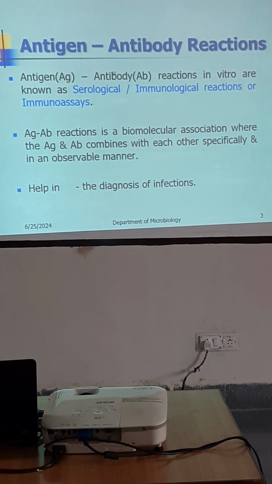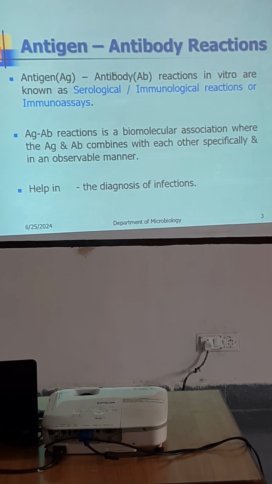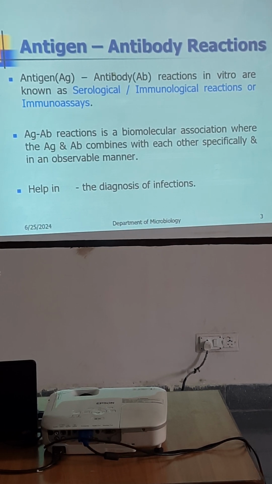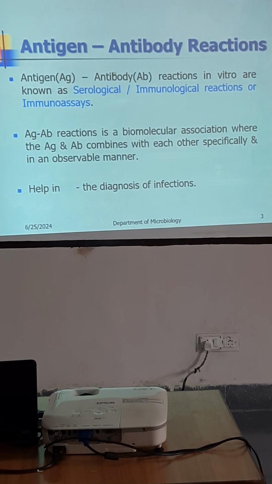So these antibodies, again you all know, are the response from the immune cells against this particular antigen, and a specific antibody combines with the specific antigen, and these reactions of specific antigen and specific antibody are known as antigen-antibody reactions.